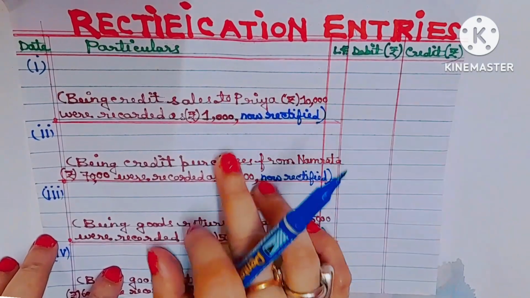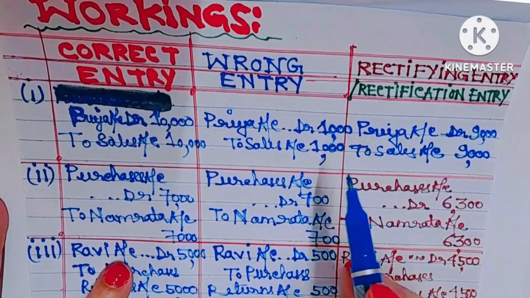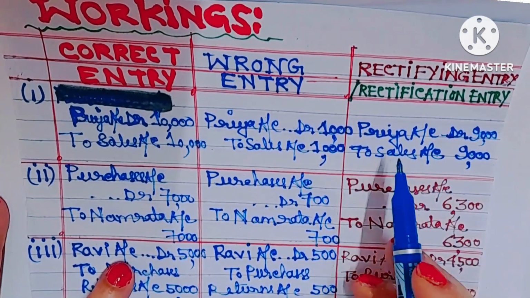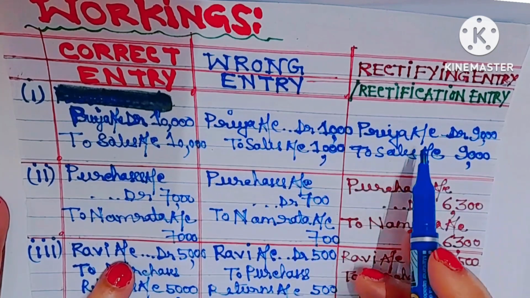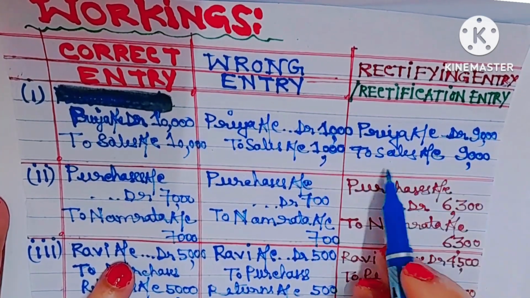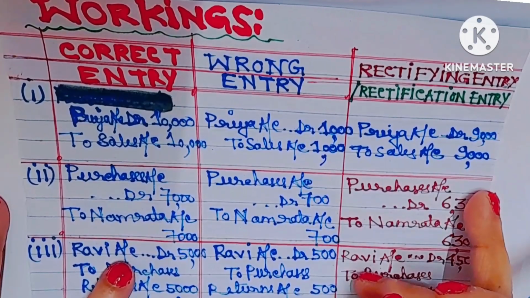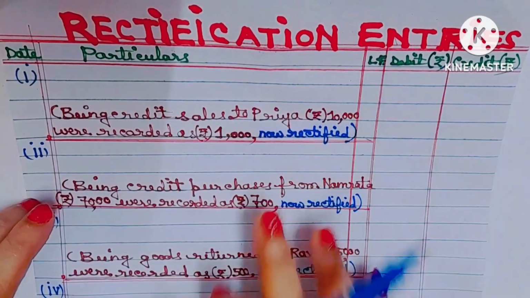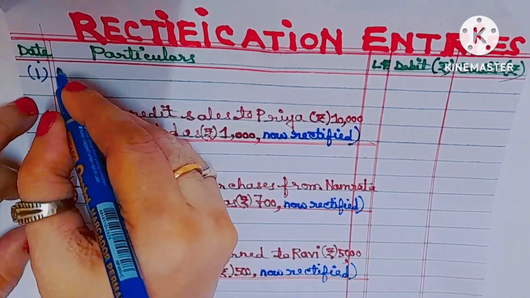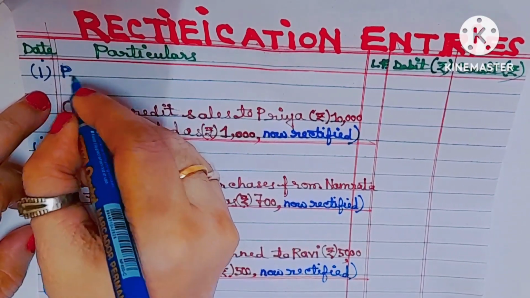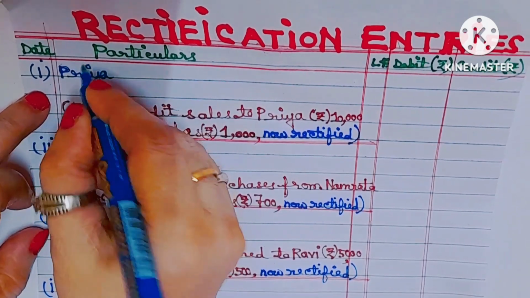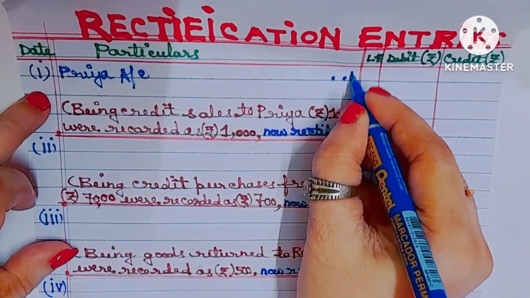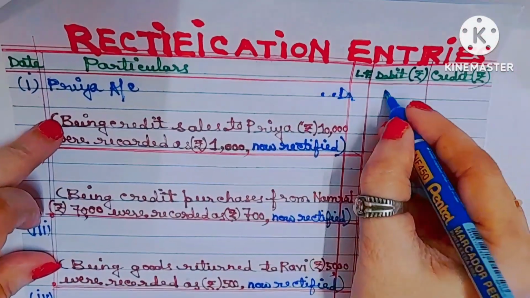So what is the first rectifying entry? So what is the rectifying entry or rectification entry? Both are same. So the first rectifying or rectification entry is Priya account debit rupees 9,000 to sales account rupees 9,000. Okay, let's write. So here you can write rectification entries or rectifying entries. Both are correct. Okay, so let's write the first rectifying entry. Priya account debit rupees 9,000.